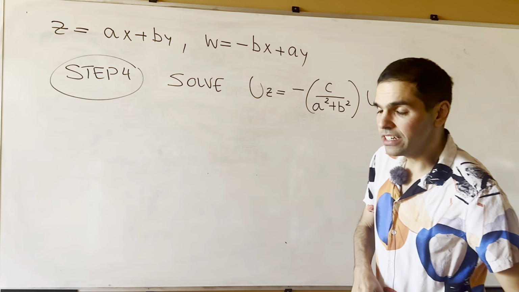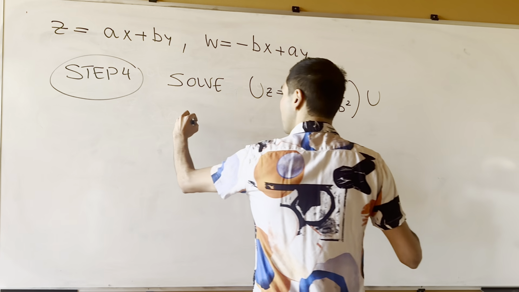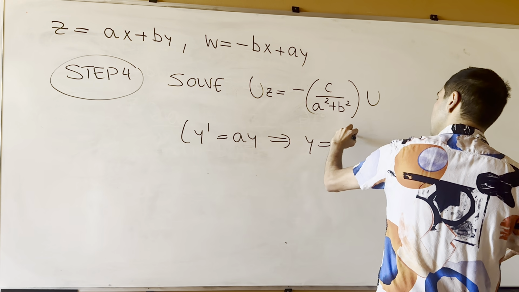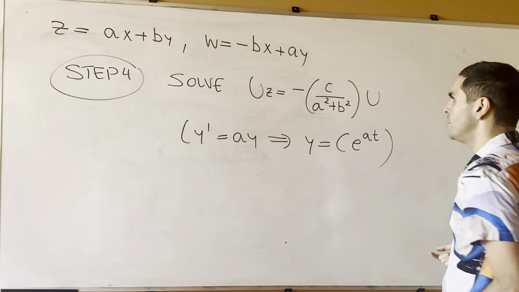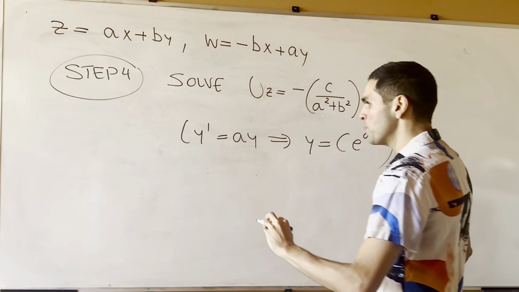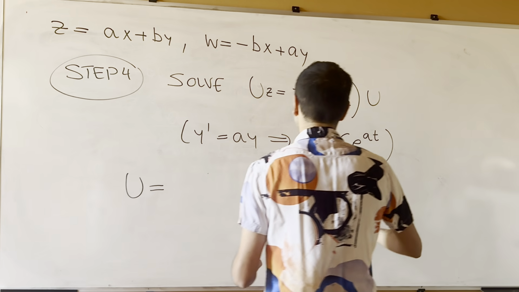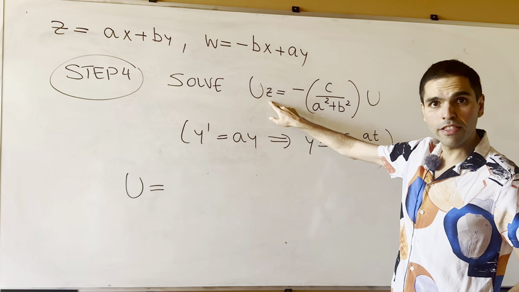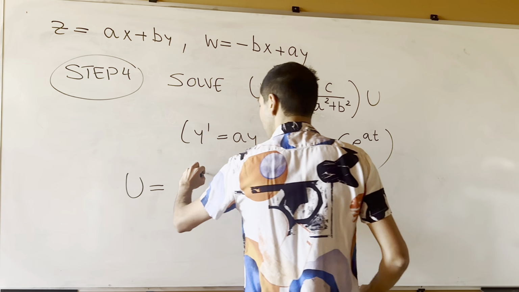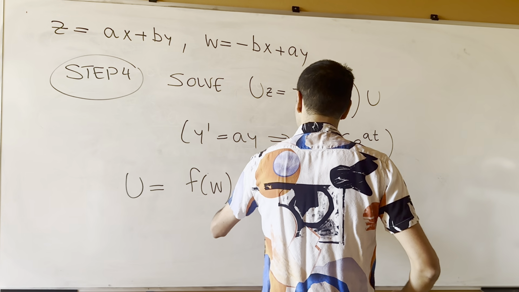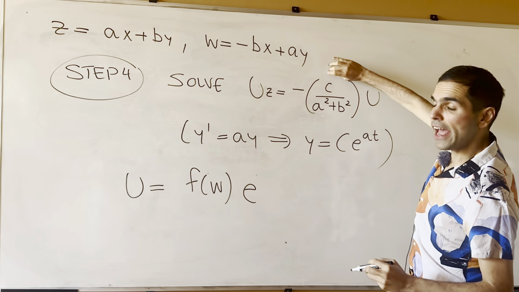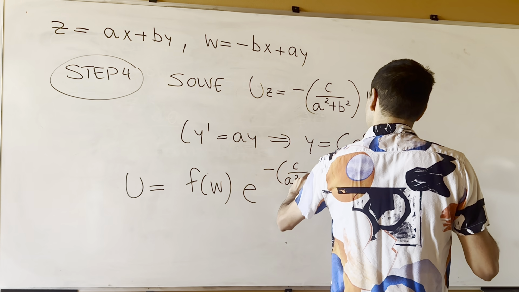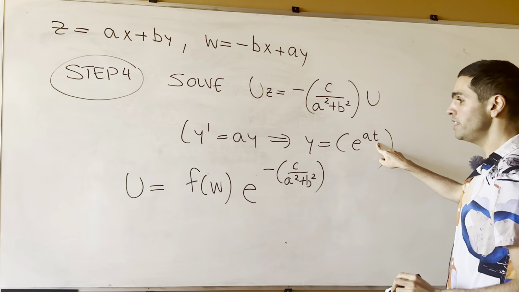But most importantly, notice this is sort of the form y' = ay, where y is ce^(at). And so similarly here, U would be C, which means constant with respect to Z, so a function of W, and then e to the, in this case a is this big constant, -C over (A² + B²). And the analog of t here is Z.